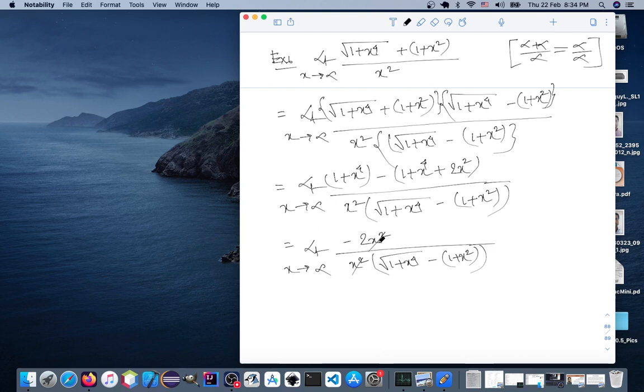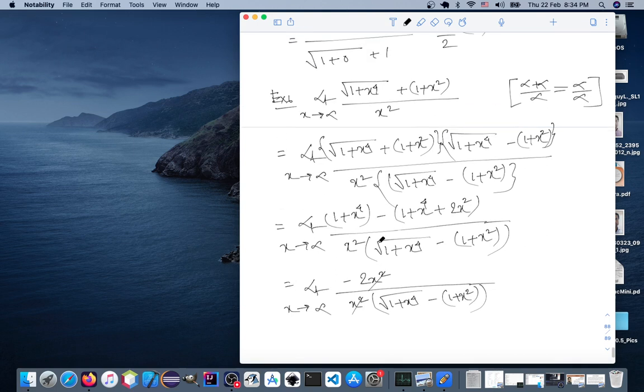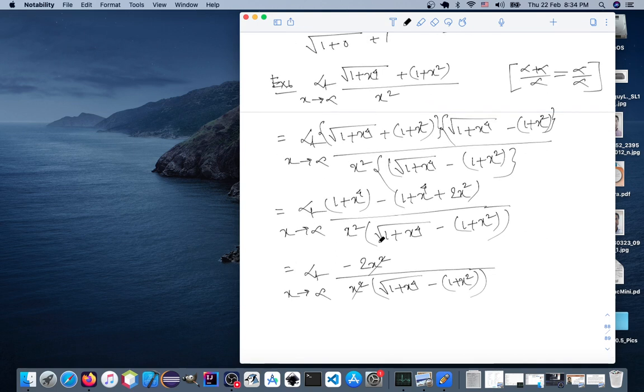I'm not sure if I have incorrectly taken the question from the source. Let me check once again if I did it right or not. If I rationalize the numerator, I'm getting this minus this.